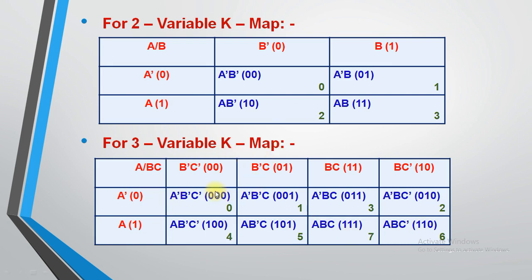This we have already done in the truth table. So how to make a combination, that you need to learn, or you need to refer to the video on truth table, right? So now let me explain the last two columns related to the three variable K-map.